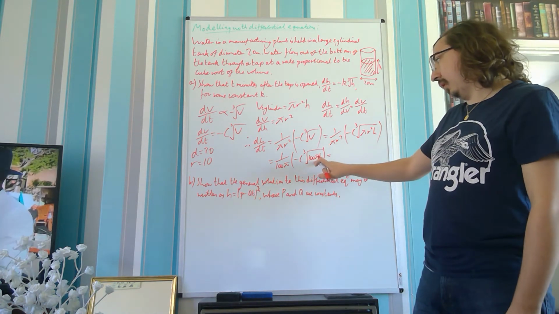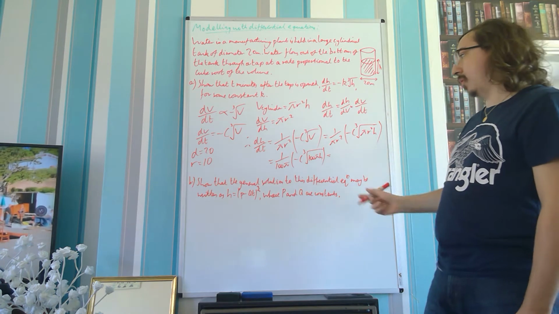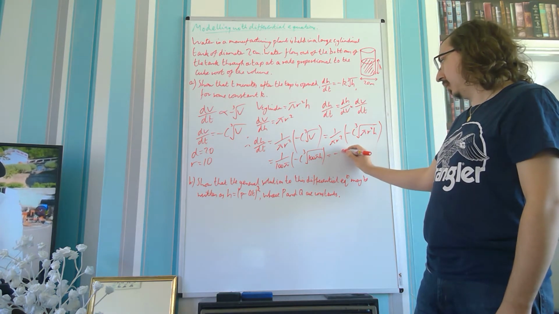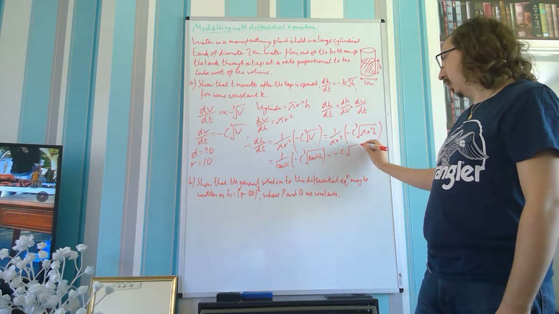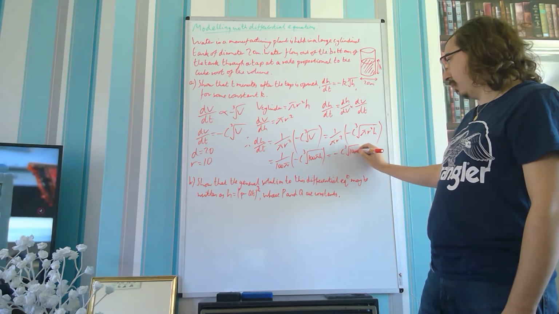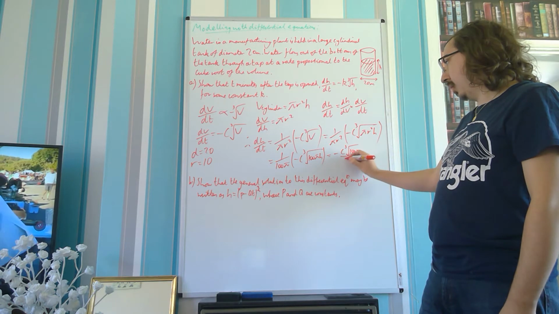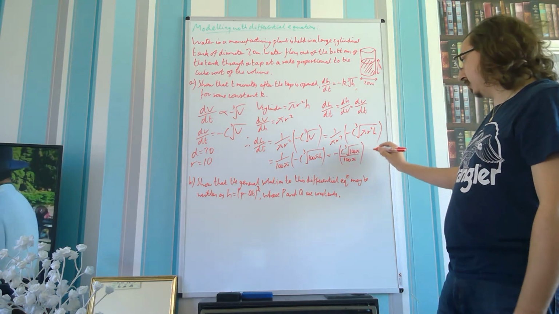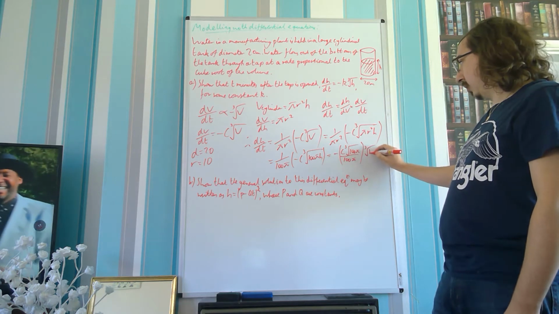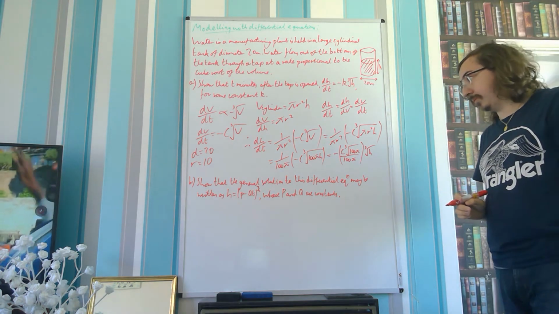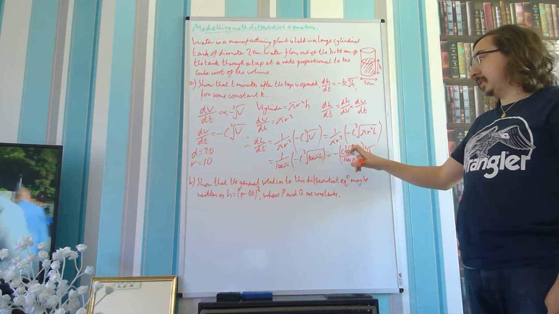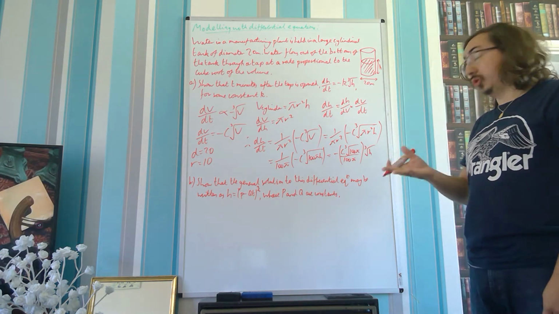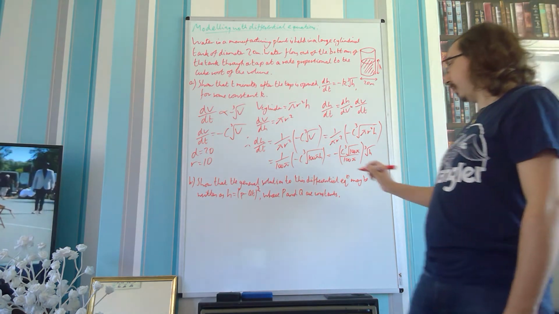Which we can rewrite to get it into the form that we're looking for as minus c, the cube root of 100 pi over 100 pi, times the cube root of h. And this c cube root of 100 pi over 100 pi is actually just another constant.